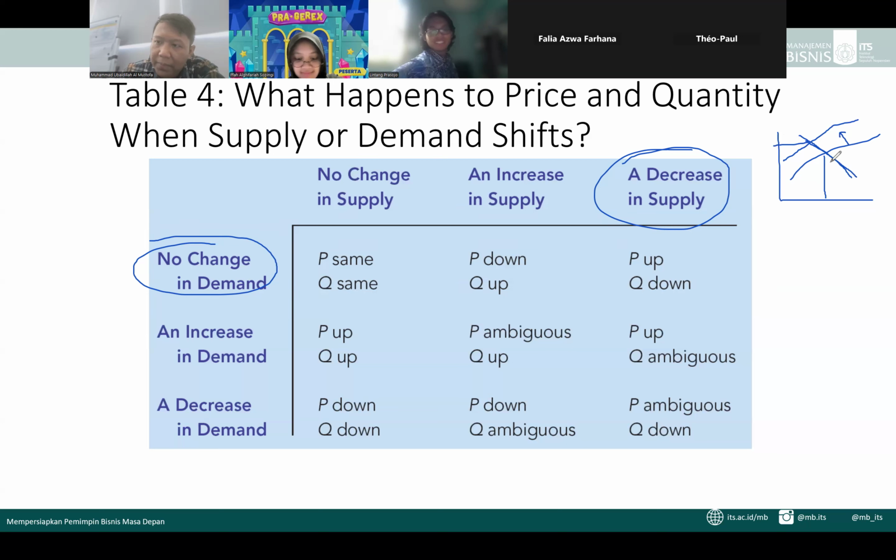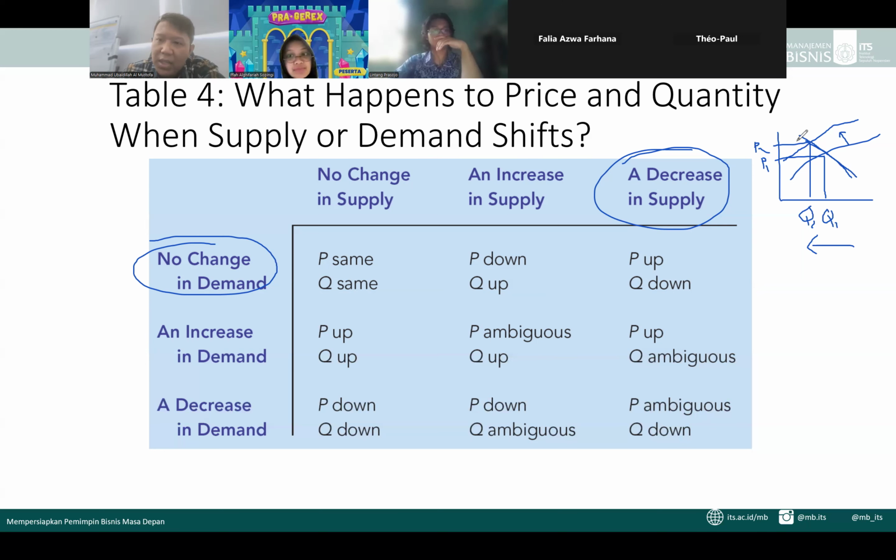What will happen? Before we were at P1 and Q1, and now P2 and Q2. So we have an increase in price and a reduction in quantity. Do you understand, guys?